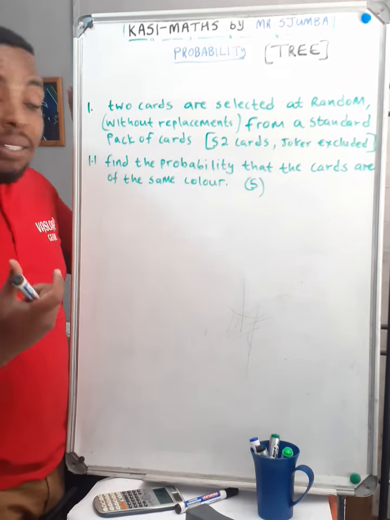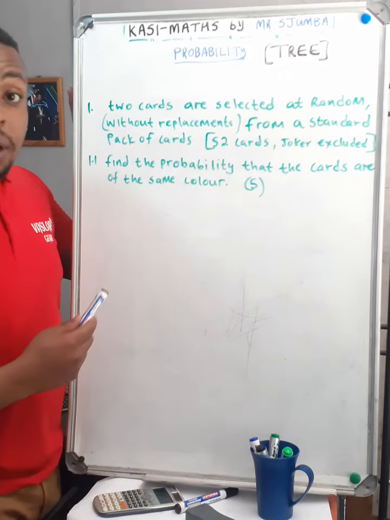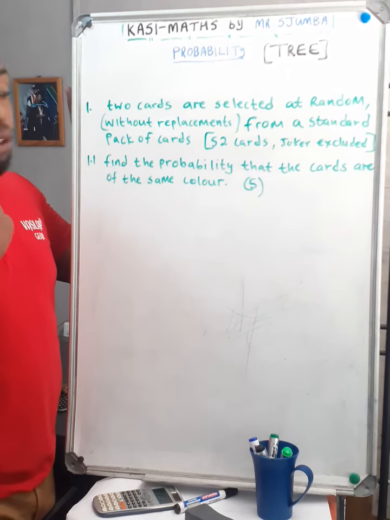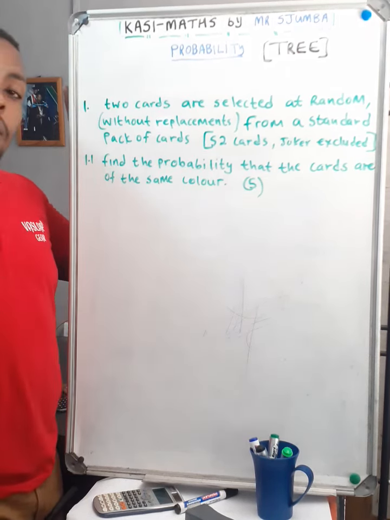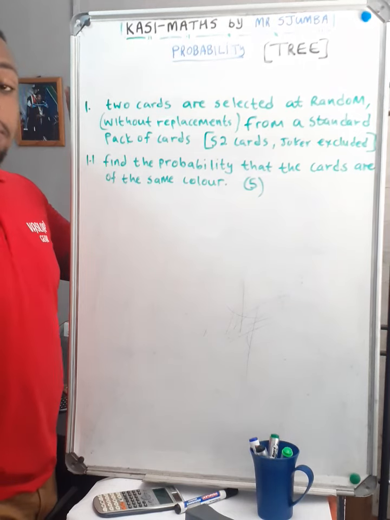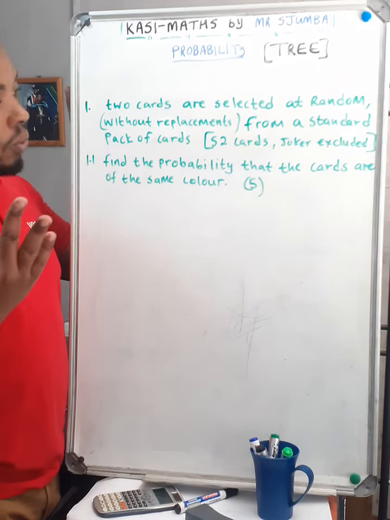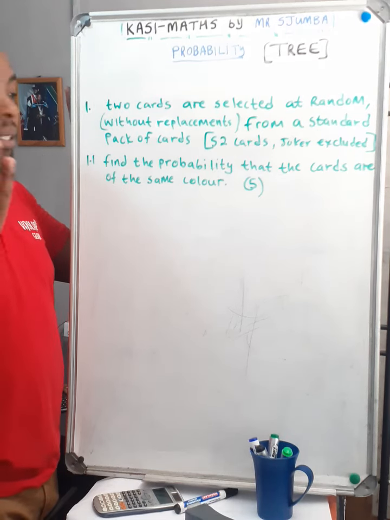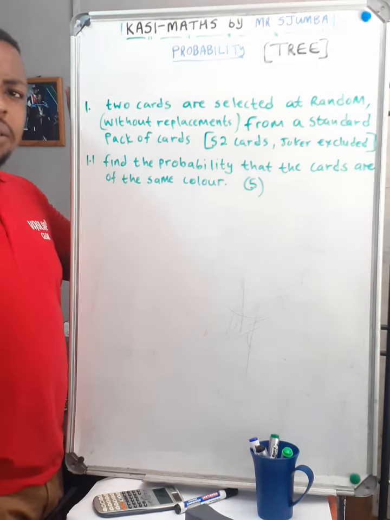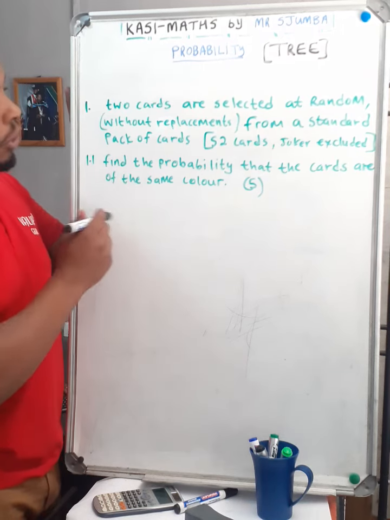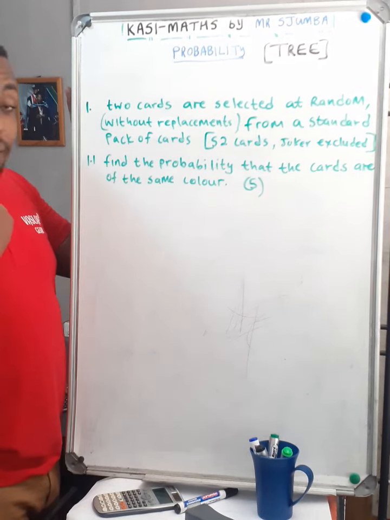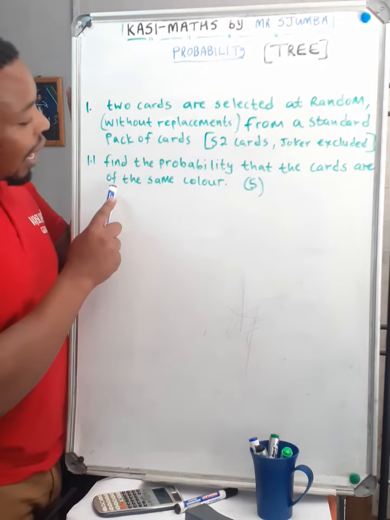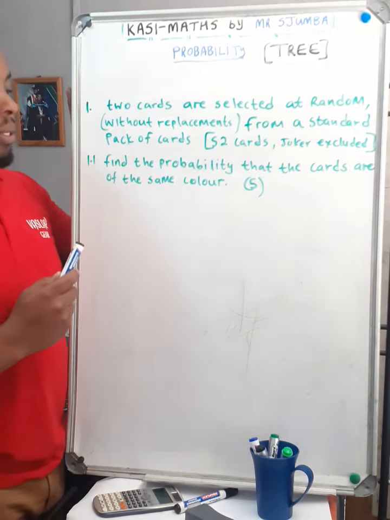The standard pack has 52 cards, excluding a joker. There are 1 2 3 4 5 6 7 8 9 10 and then J, K, Q. That makes 13 hearts, 13 spades, 13 diamonds, 13 clubs. So the question reads: find the probability that the cards are of the same color.